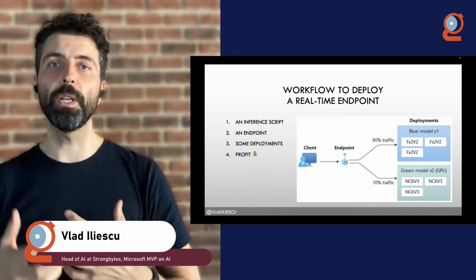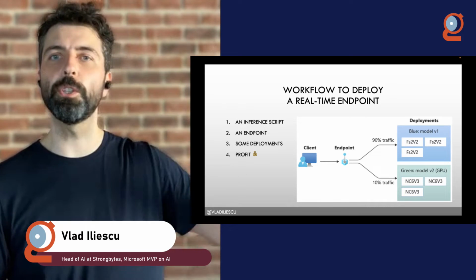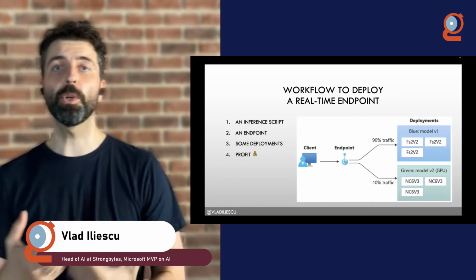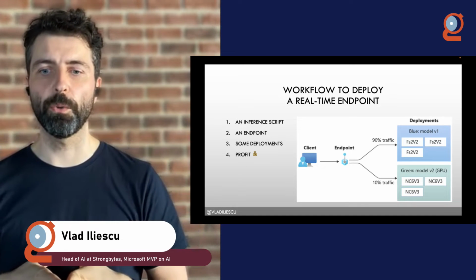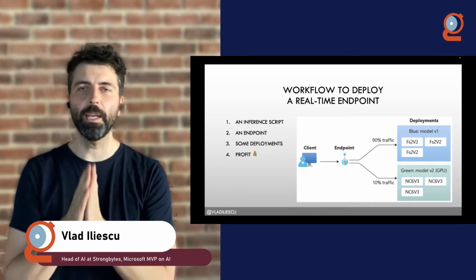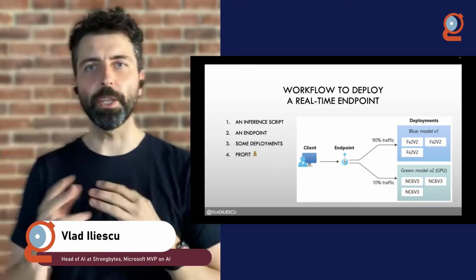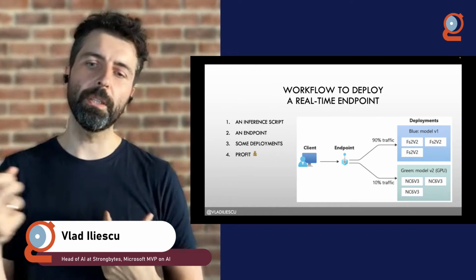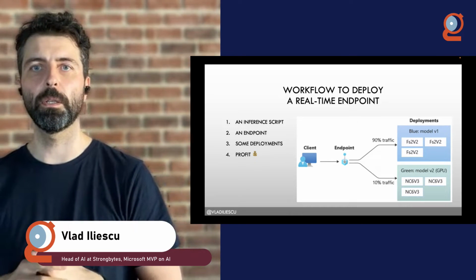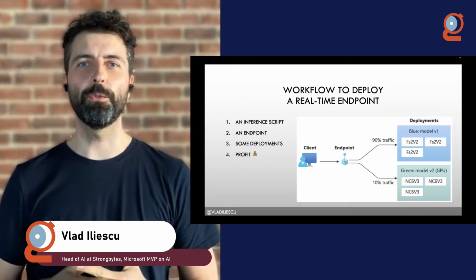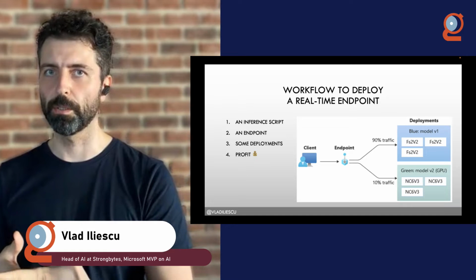It makes it really easy for you to operationalize your machine learning models. I've included here a chart from MS Learn, highlighting a pretty basic architecture, but one that I think underlines the major components of online endpoints in this regard.